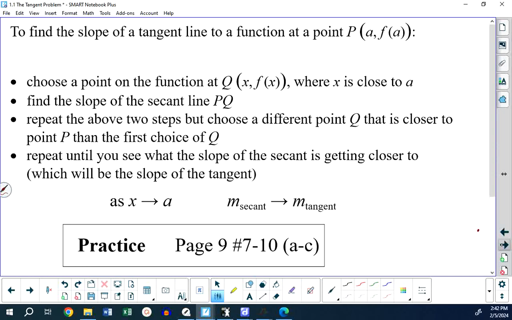Your textbook for these problems gives you recommended choices for where Q is. But I don't care how you do it. In fact, I'm going to show you a shortcut here in just a second. Once you figure out what that slope of the tangent is, because you're saying as x approaches the x coordinate of point P, the slope of the secant will approach what we're after. Then you find the equation of the line.